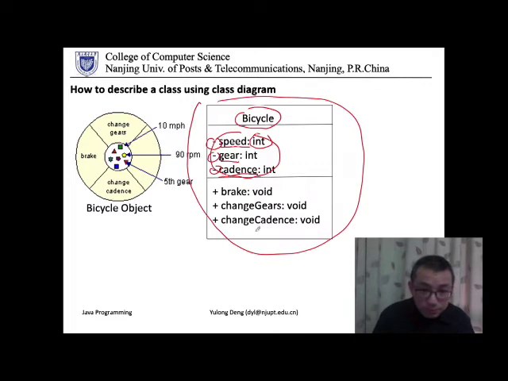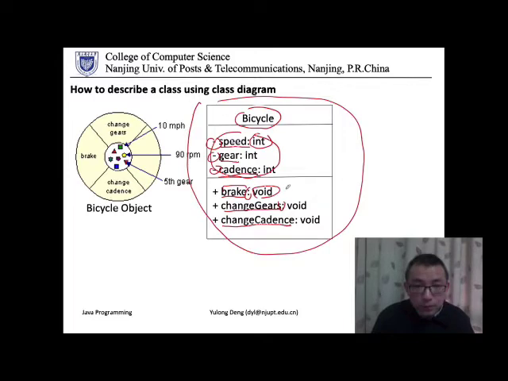And in the next block, we put the methods. The three methods are brake, change gears, and change cadence. Here we have a colon, and the left side of the colon is the name of the method, and the right side of the colon is the return type of this method.